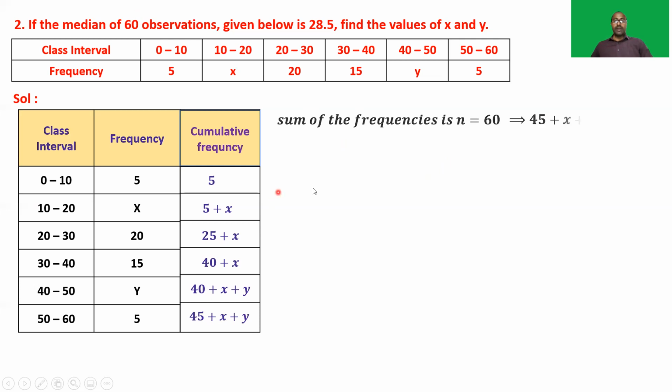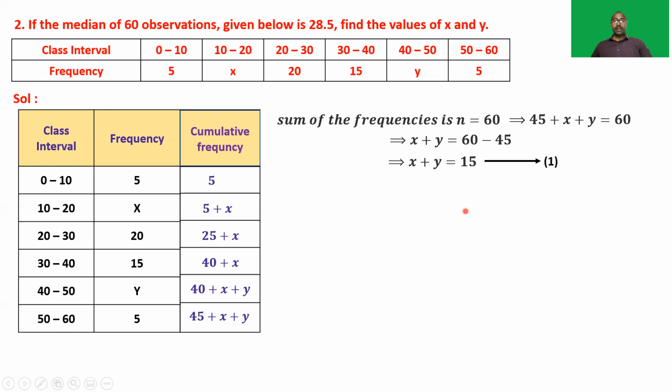The cumulative frequency in the last row is the sum of frequencies that we know. So 45 plus x plus y is equal to 60. From this equation, we can write x plus y is equal to 60 minus 45, which is equal to 15. Take it as equation 1.